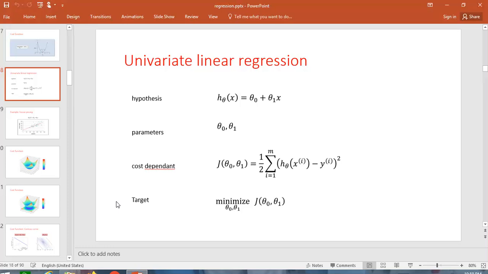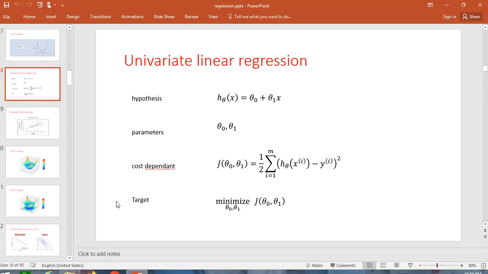We said that to find the best hypothesis, we have to minimize the cost function in terms of theta 0 and theta 1. We emphasized that the optimization is done according to the parameters, which are theta 0 and theta 1.